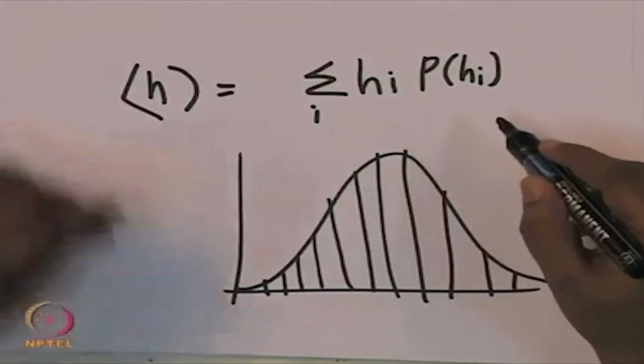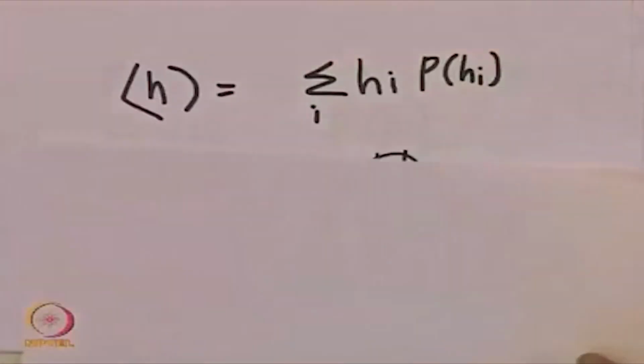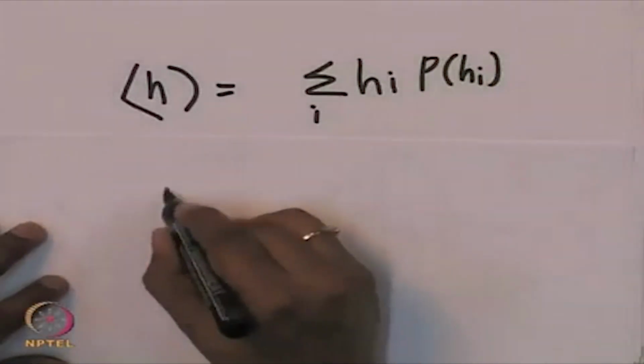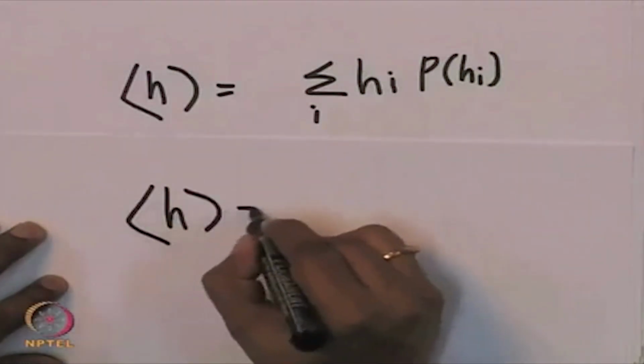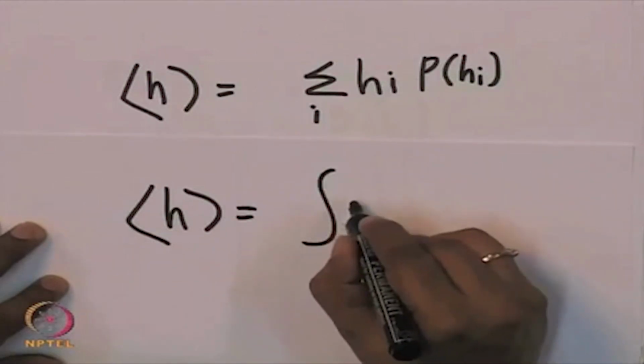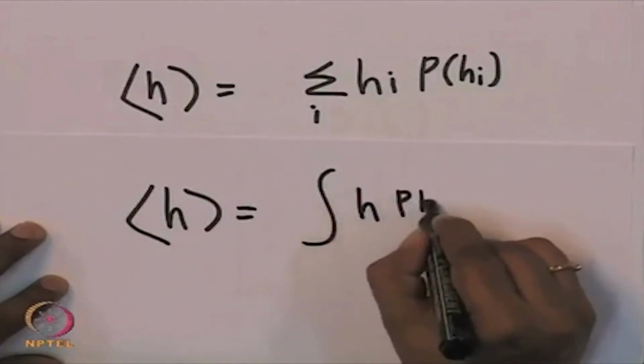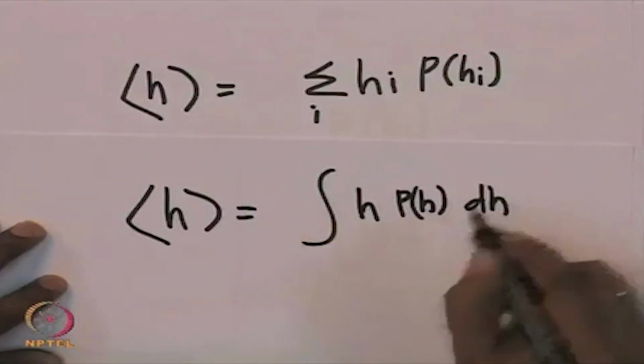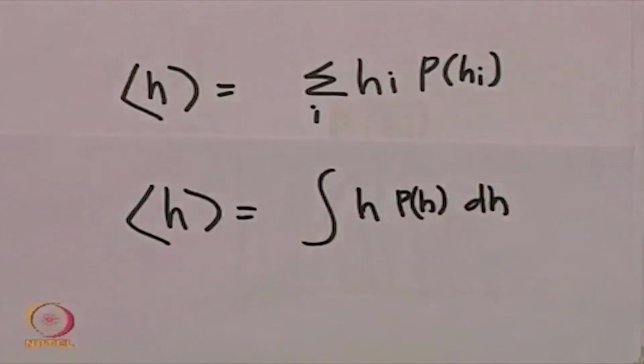So, in that case the h average can be written as, if h is a continuous function, the integral of h p of h dh. So, this can be converted to an integral if h is a continuous function.